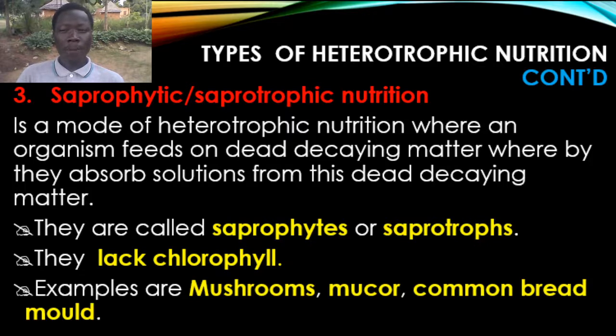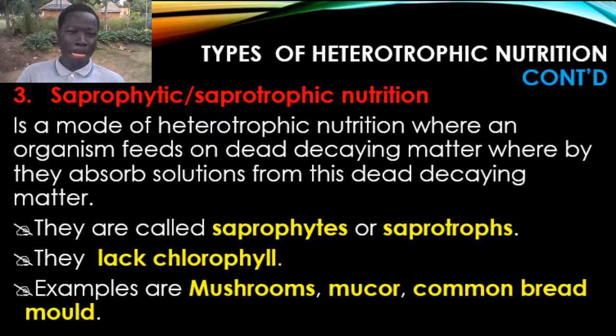Common bread mold. The moment you leave bread, when it is not dry, it has some moisture content, and it is placed in an environment that is a little bit warm that can support the growth of fungi. Of course, the common bread mold is also a fungus. You'll be able to see it growing. It's a little bit blackish in color, and it has a lot of mycelium.